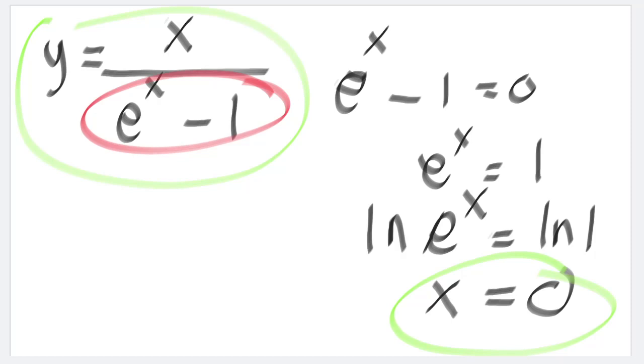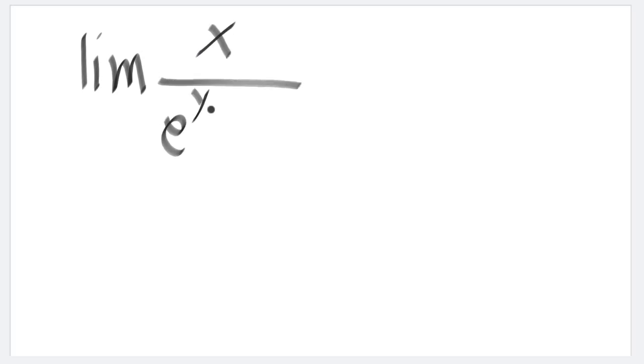So we will check the limit of x over e raised to x minus 1 as x approaches 0, because we get 0. That must be equal to infinity so that x is equal to 0 holds true as a vertical asymptote.